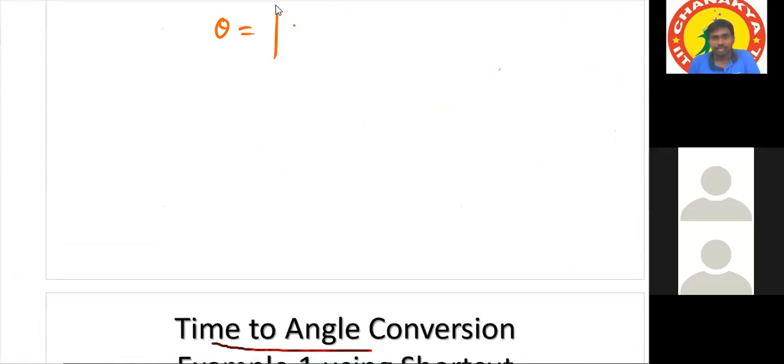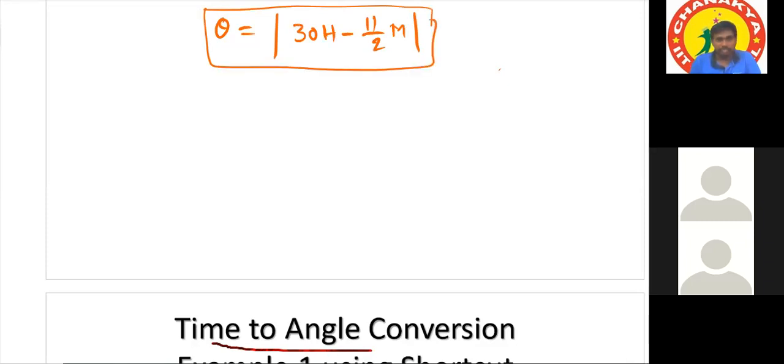Yes, sir. 30h minus 11/2m, right? Theta equal to 30h minus 11/2m, where h is the number of hours and m is the number of minutes. And without using this formula also, we have done some questions. Remember?